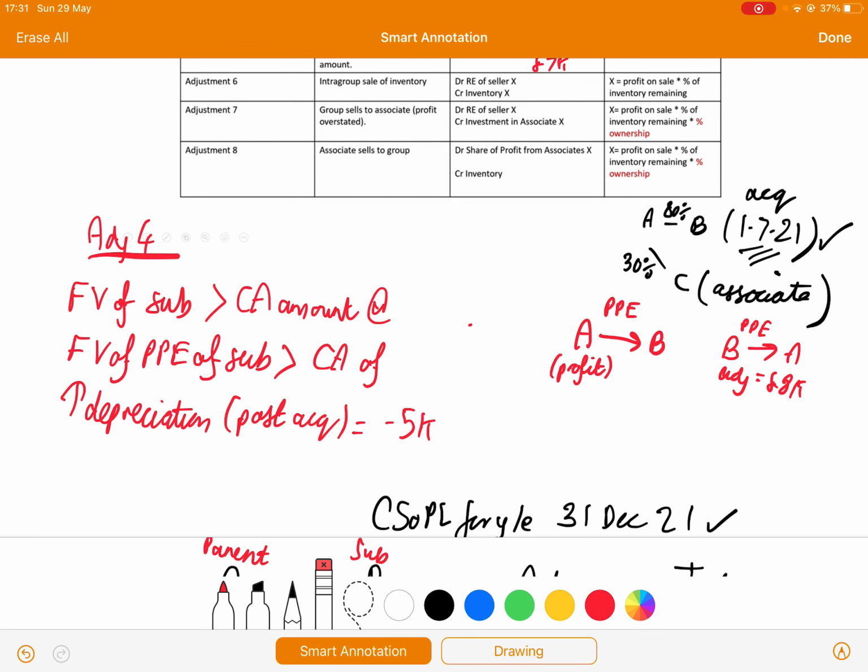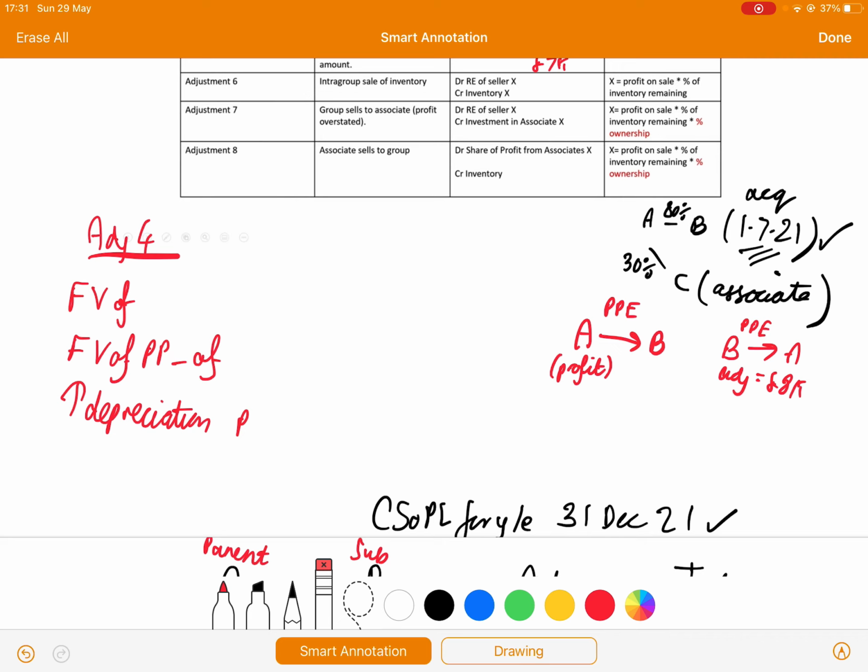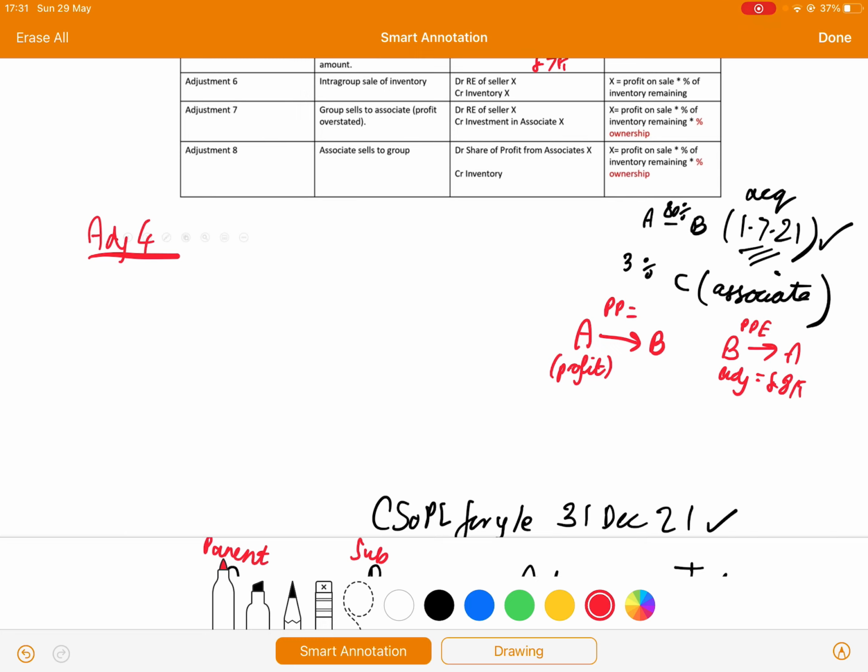I'm just going to rub these out now to create myself some more room. Then we have intergroup sale of inventory, which works in a similar way, but we'll cross that bridge once I've rubbed a few things out.